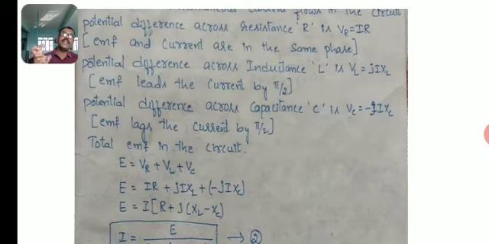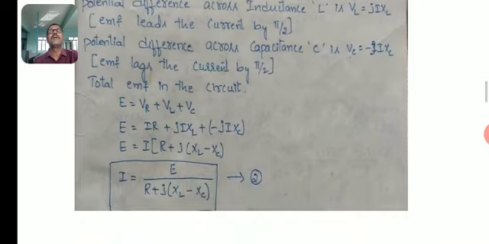Then the total EMF applied to the circuit, that means the combination, is given by E is equal to VR plus VL plus VC. So E is equal to IR plus j I XL minus j I XC, where I can be taken as the common factor.